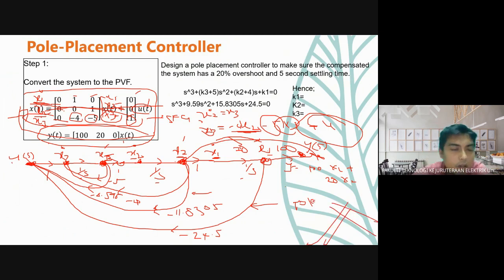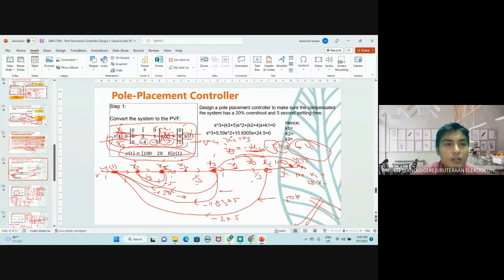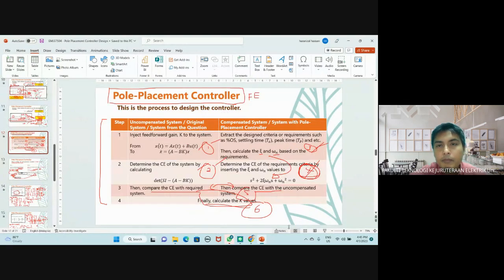Okay. So after that, we just need to add one more thing. This is gain 1, and this is the R. So finish. Done. You have designed the pole placement controller for the system. So the key point for your final exam, and also for your lab number 2, for the question of pole placement controller, you just need to remember this step.